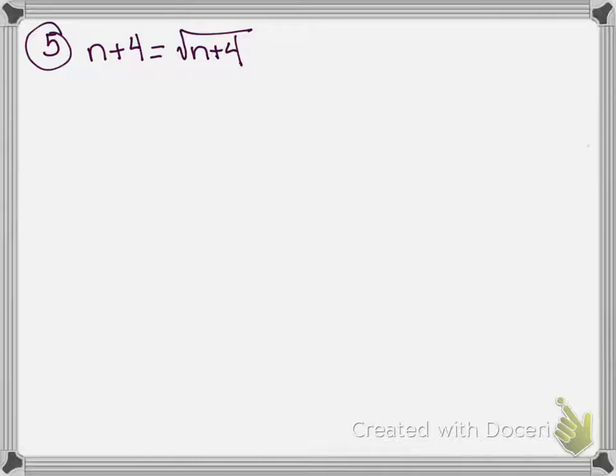So what we're going to do now is square both sides. If it's not isolated first, then you would need to isolate it. But this one is. So I'm going to have n plus 4 squared. N plus 4 squared means n plus 4 times n plus 4.